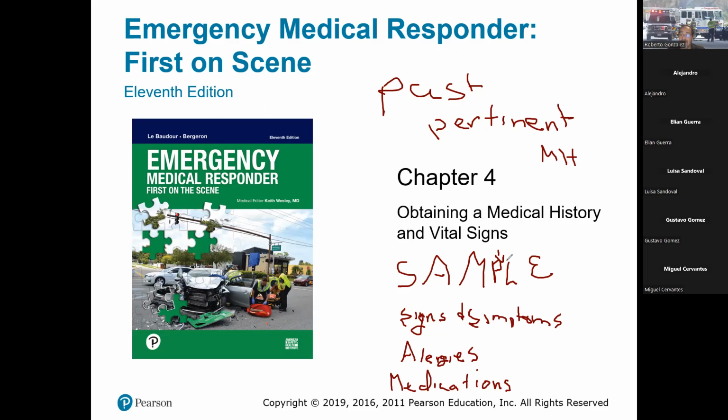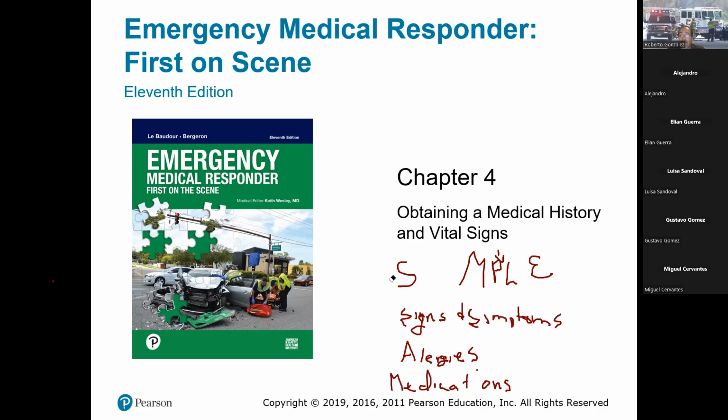Okay. The L stands for last oral intake, the last time that they ate something. And E stands for the events that happened. So if you ask for the events that happened before they got into this condition, were you running before you got your chest pain?